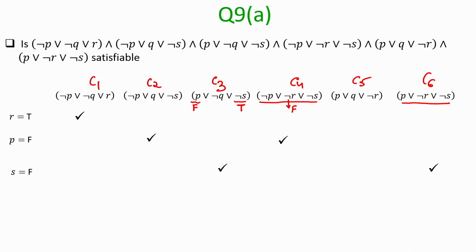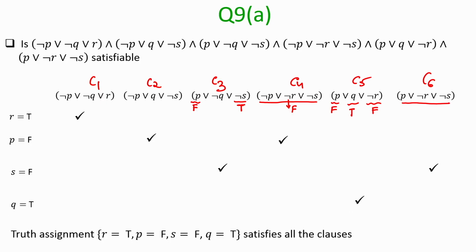Clause C5 is not yet satisfied, because I have assigned P to be false and I have assigned R to be true, so negation of R is also false. So, the only way I can satisfy clause number 5 is I give the value true to clause number C5, and that means I have found at least one truth assignment which can satisfy all these 6 clauses.